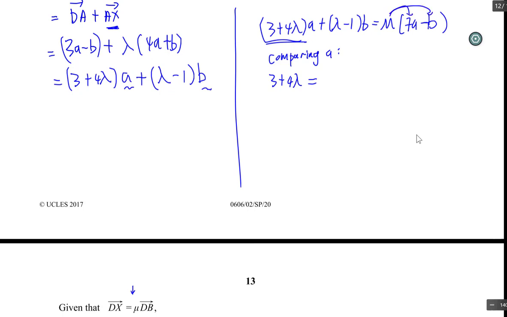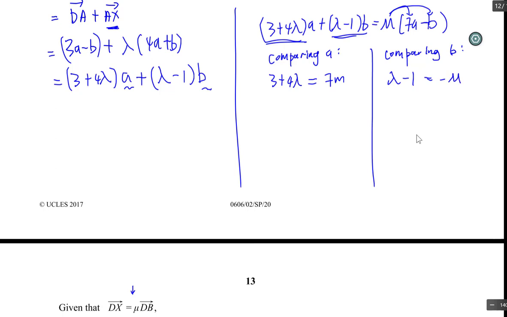So it will be 7m. I leave this equation, solve it later. And then I'm comparing b. At my left hand side, b will be lambda minus 1, and b for my right hand side will be negative m.